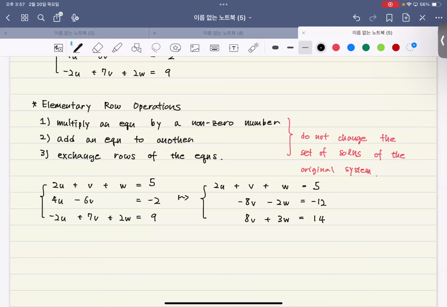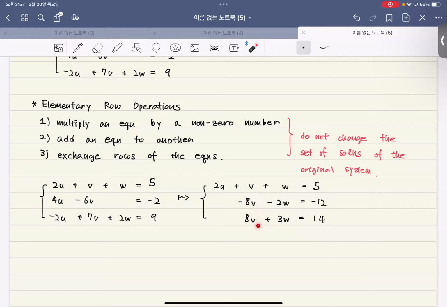This one is almost an upper triangular shape. But in order to be an upper triangular system, I will also need to eliminate this number 2. How? By multiplying this row by 1 and adding it to the last.